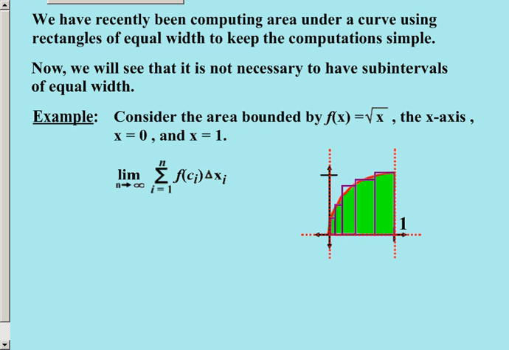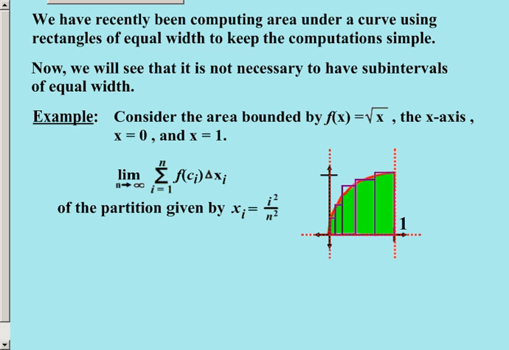Okay, so the limit as n goes to infinity of the summation, as i goes from 1 to n, of the function evaluated at some point c in the ith subinterval times the change in x within that ith subinterval of the partition given by x sub i, x within the ith subinterval, equal to i squared over n squared.